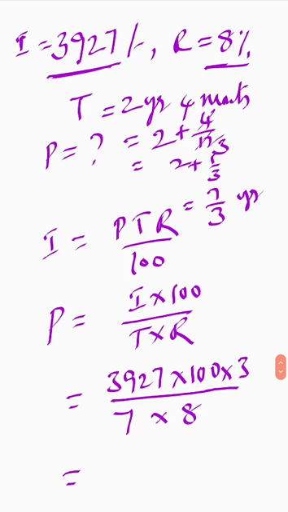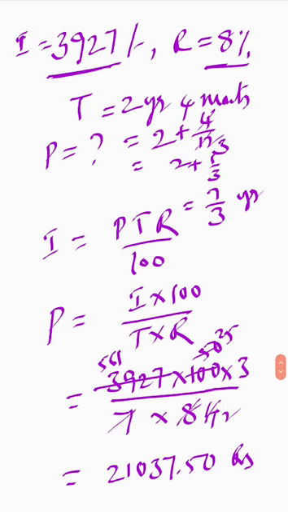Now after simplification, after cancellation you will get 21,037.50. So this is the borrowed amount. If we take this amount at 8% rate of interest for 2 years 4 months, you will get 3,927 interest.